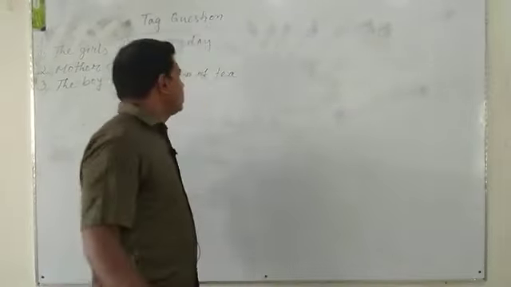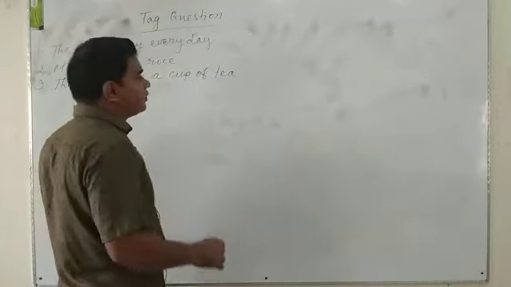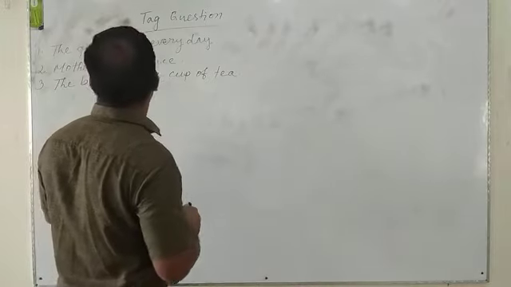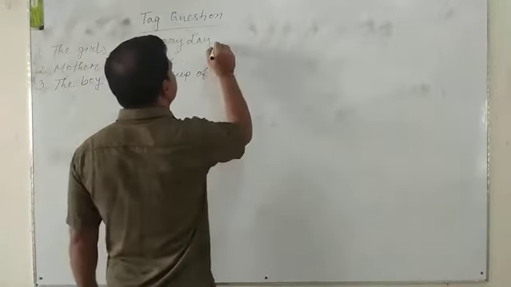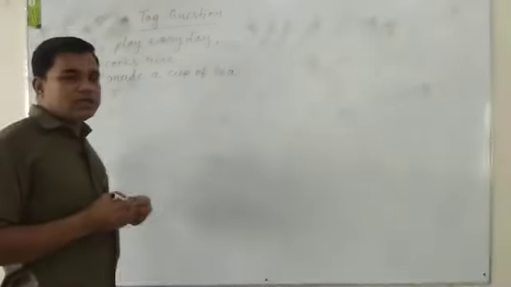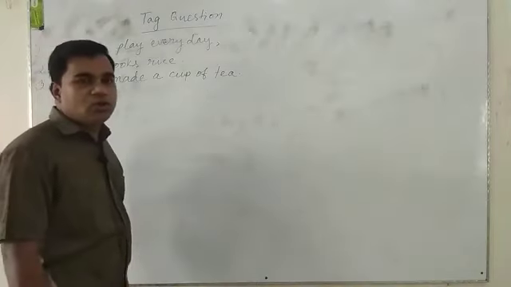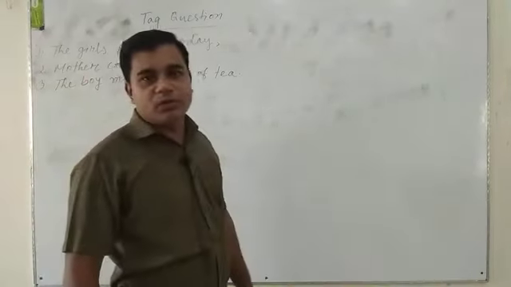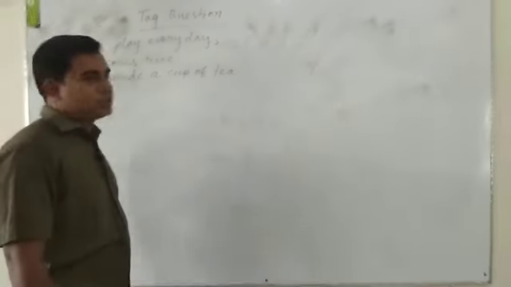Please notice or follow me. Firstly, we have to omit the full stop of the sentence, then give a comma. Then, if there is no auxiliary verb in the sentence, we are to use do or does for the present tense and did in the past tense.